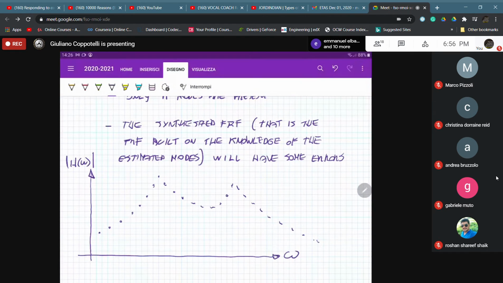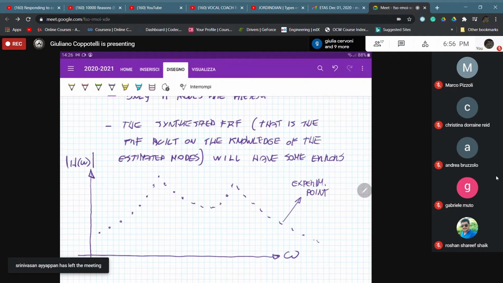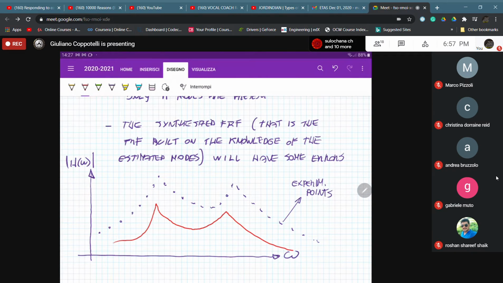Okay, so these are your experimental points. Okay, and then, for example, what you got is your FRF having this behavior when you are not considering any residual terms. So that is your FRF without residues.